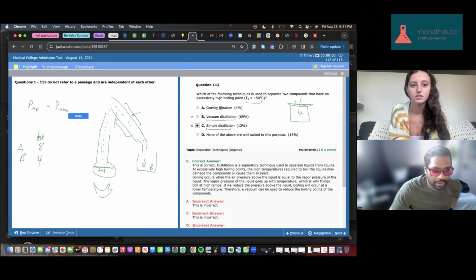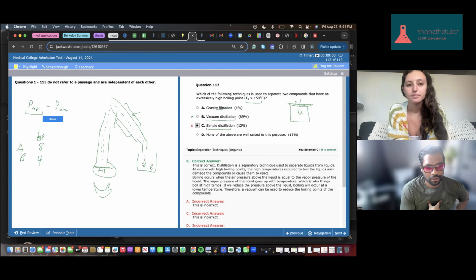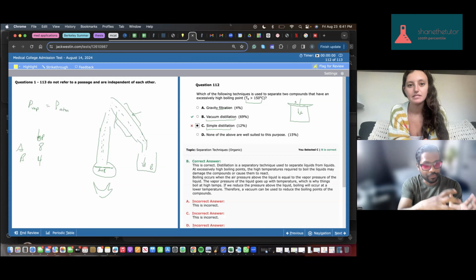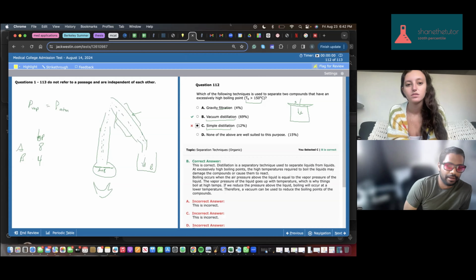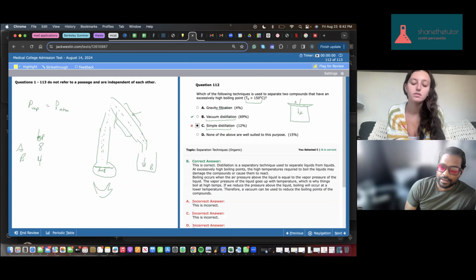Now, if you basically clear that area, it's going to lower that boiling point if you create a vacuum in the distillation process, right? So that is what we can do to reduce the boiling point of something that has a really high boiling point. Sounds good. That makes sense.